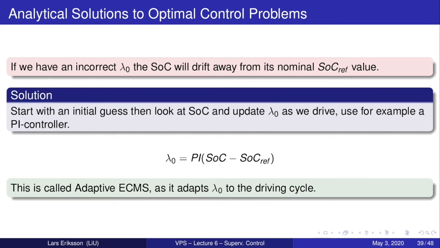And the solution is to start with an initial guess on lambda 0 and then look at SoC and update lambda 0 as we drive. We can, for example, use a PI controller that controls lambda so that the SoC that we're getting gets close to this SoC reference. This is given the fancy name adaptive ECMS, as it adapts lambda 0 to the current driving conditions of the vehicle.